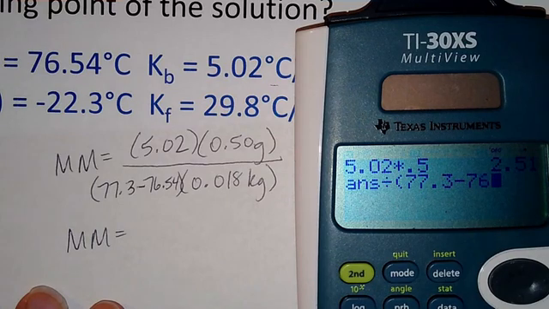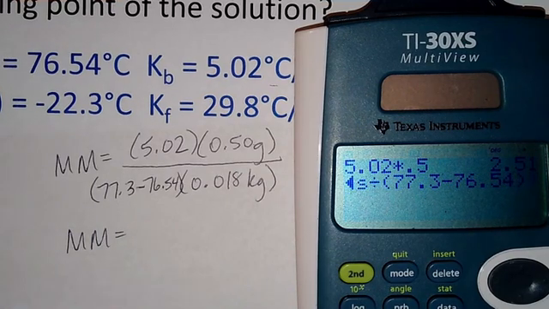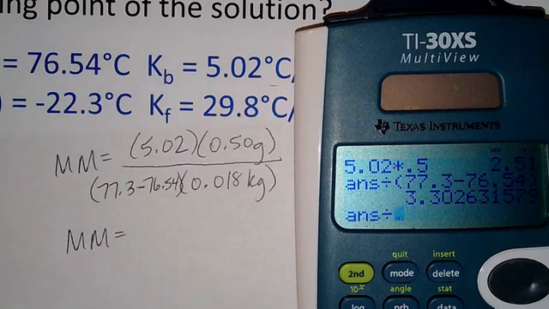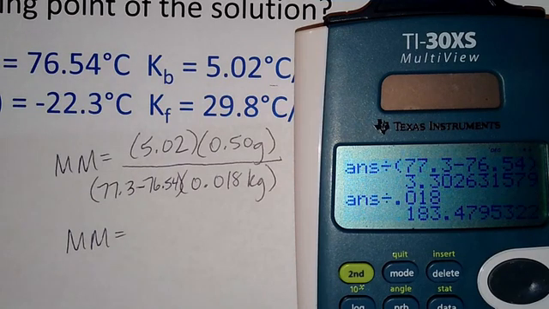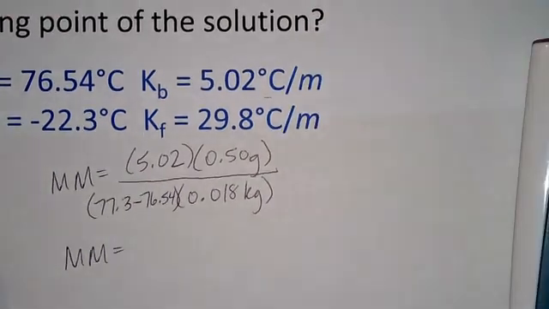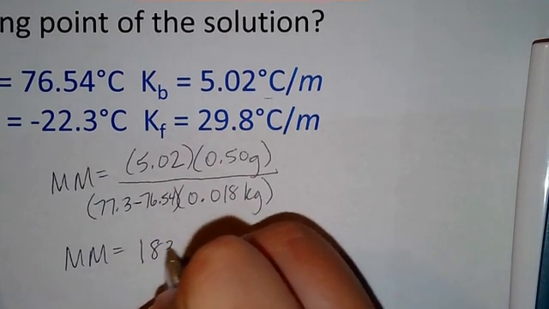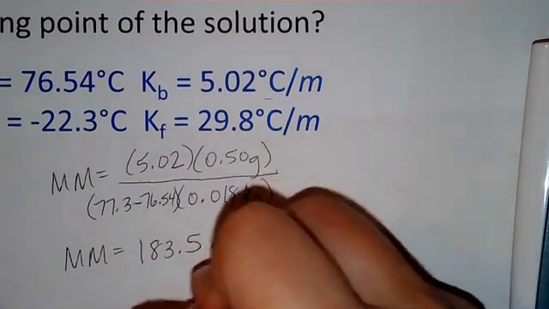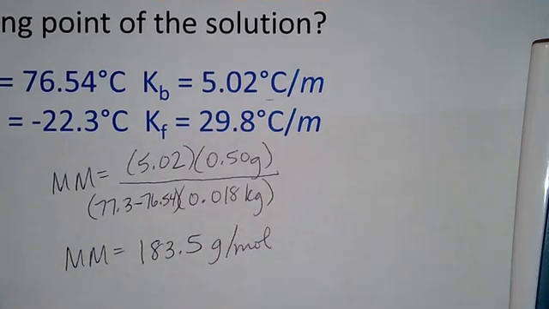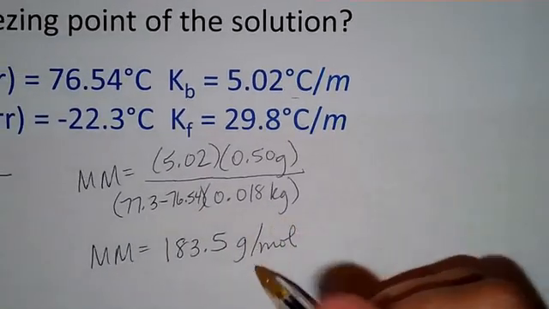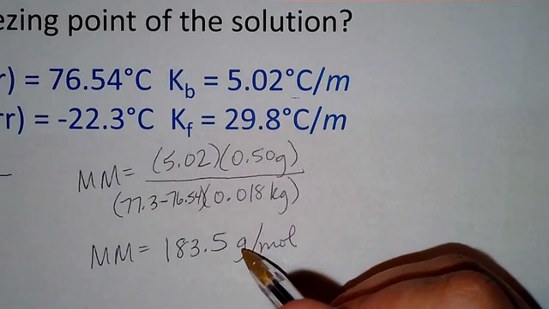So 183.5 grams per mole. Alright, so this is our molar mass for our solute, which is adrenaline, just using our grams of solute, kilograms of solvent, and our delta T.